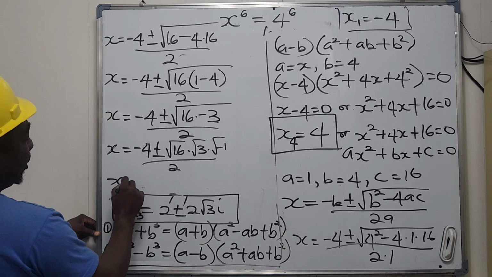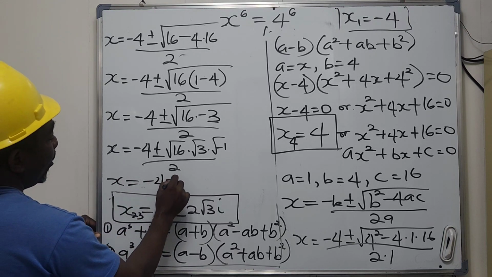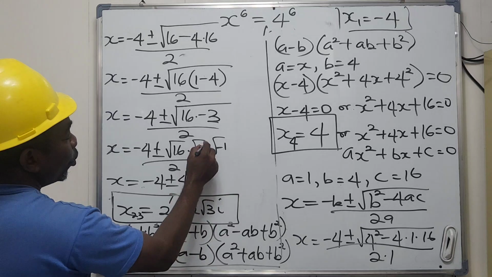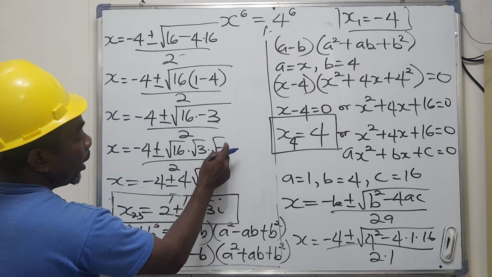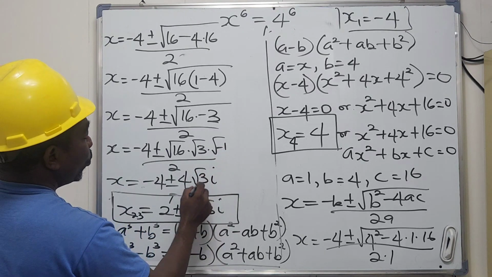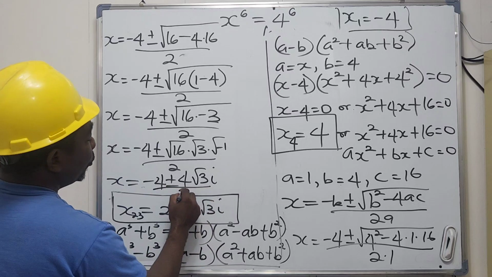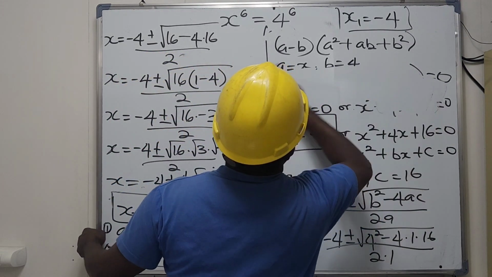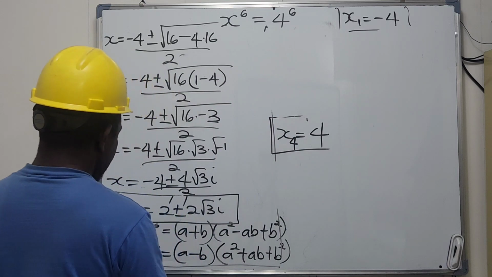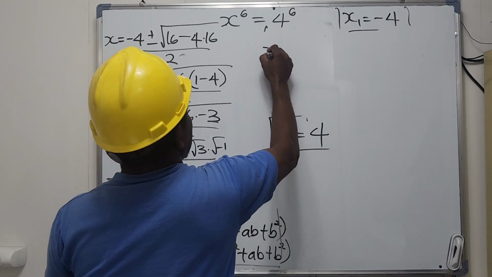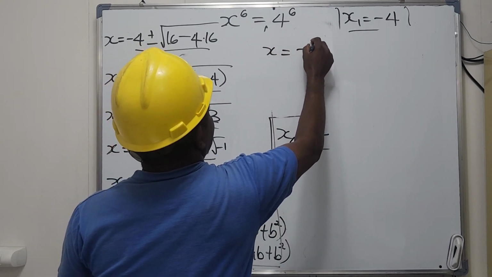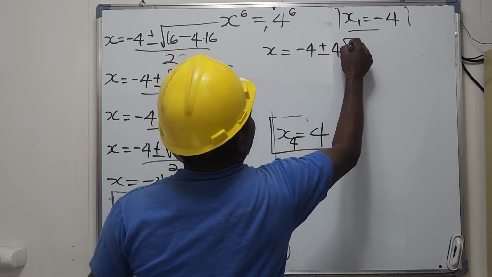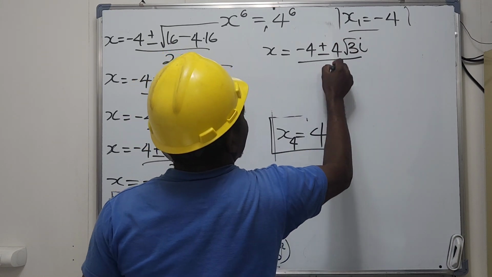Therefore, our value of x will become minus 4 plus or minus, we have here square root of 16 is 4. So we are now left with root 3. Square root of minus 1 is iota, which is i, all over 2. So in that case, x here will become minus 4 plus or minus 4 root 3i all over 2.